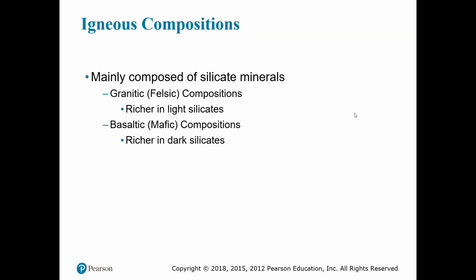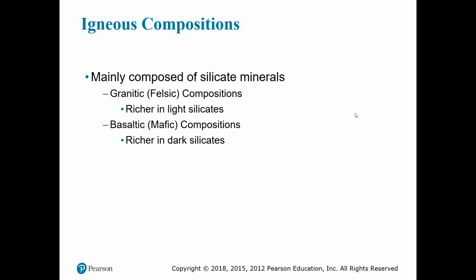Igneous rock compositions are important to understand and help identify which igneous rock you're looking at. Igneous rocks are mainly composed of what are called silicate minerals. Light-colored rocks that are high in silicates are called granitic or felsic. Those two words are synonyms, and you might see either one.